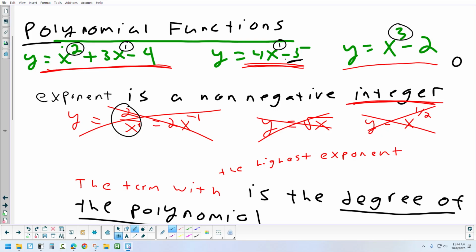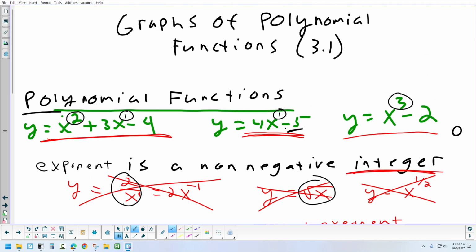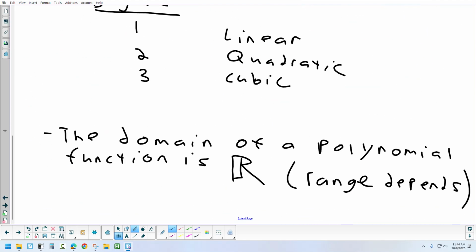So we don't have to worry about that. The other problem is if you try to take the square root of a negative number. But square roots are not allowed in polynomials either. So the 2 things that are a problem with domain are not allowed in these kinds of functions. So you can take any number you want and square it. You can take any number you want and multiply it by 3. You'll never have an issue with anything in the domain.